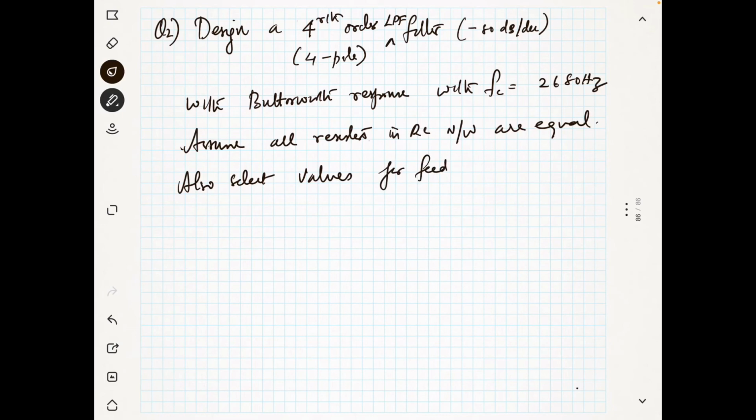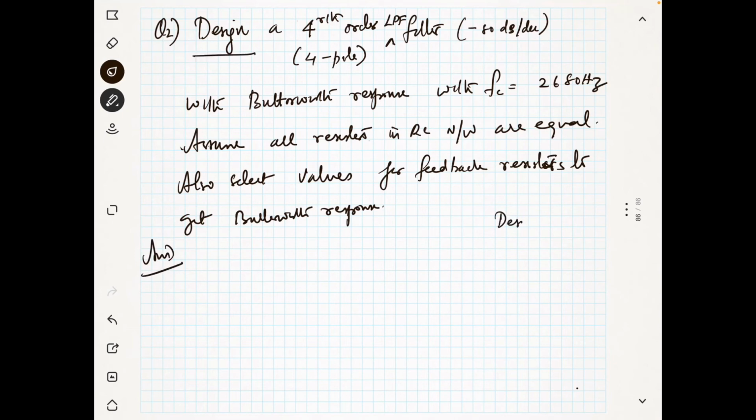That means you have to select R1 and R2, the feedback resistors, to get a Butterworth response. So when you get a question like this, it is a design problem.